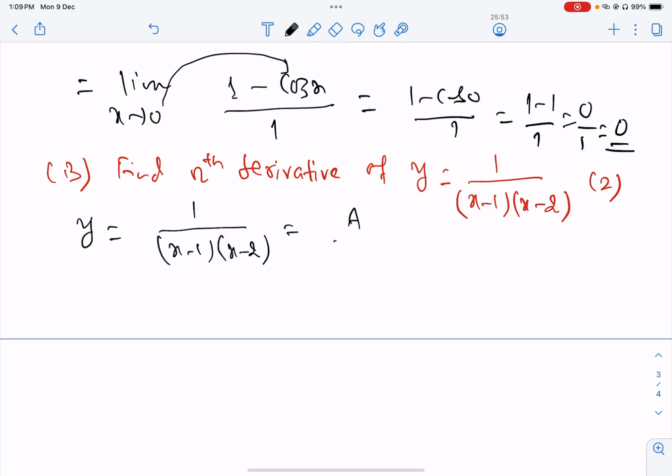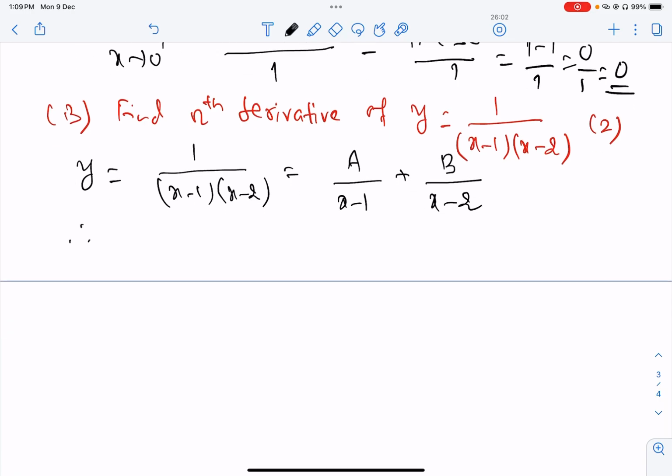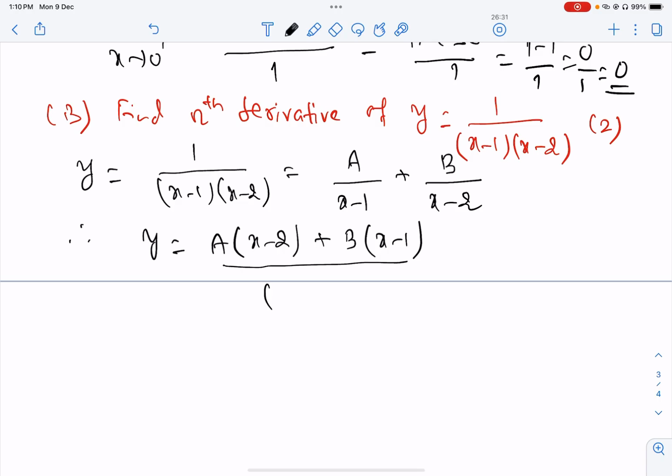So we can write a over x minus 1 plus b over x minus 2, and therefore we have y equal to a into x minus 2 plus b into x minus 1 over x minus 1 x minus 2.